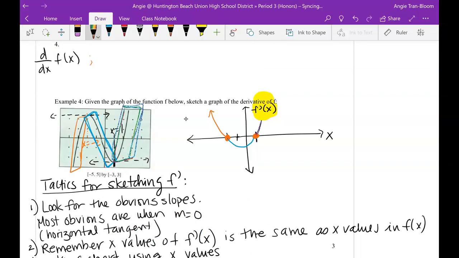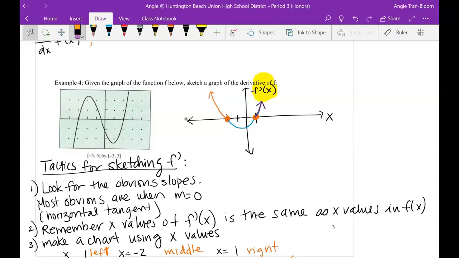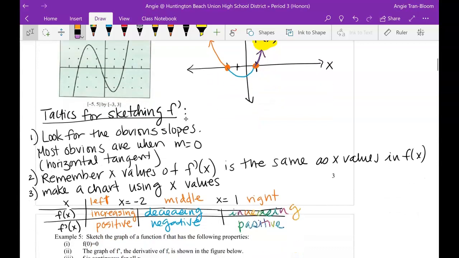Positive means I'm above the x-axis. So the derivative of a cubic, let me erase all the stuff I marked here, is a quadratic. Isn't that beautiful? That's what you need to do to sketch it out. Again, I'm going to ignore the steepness for now. We will talk about that when we get to chapter 4.